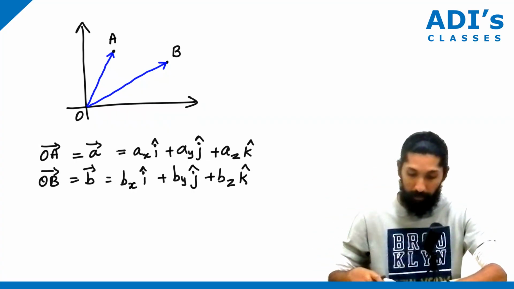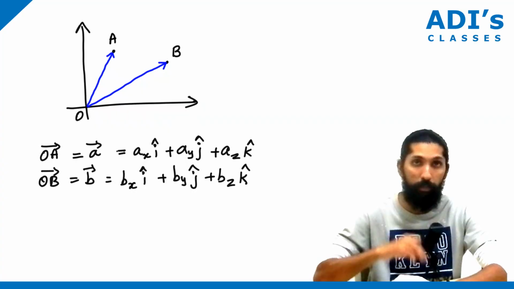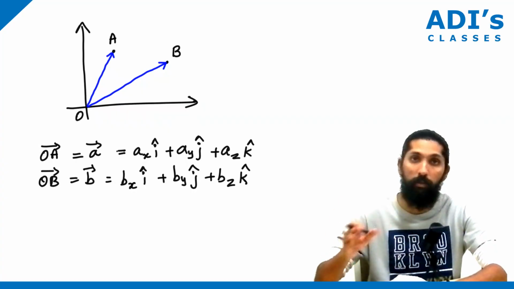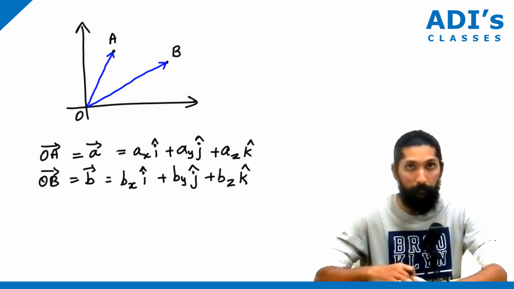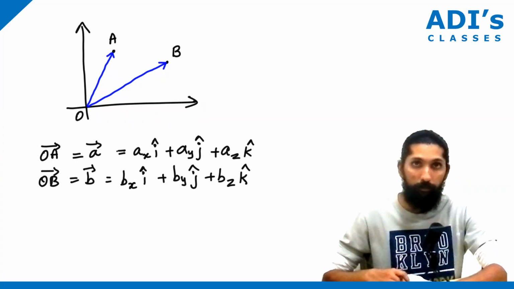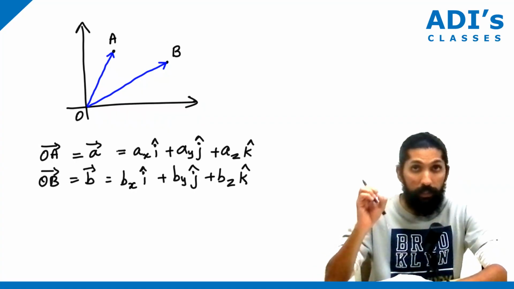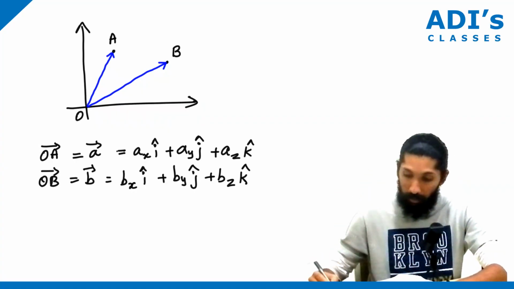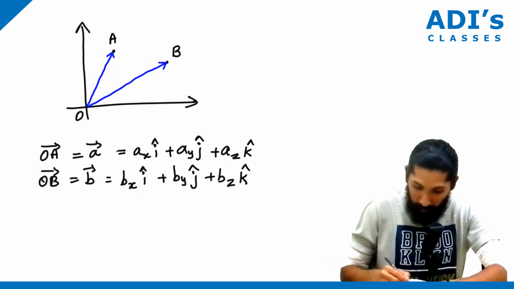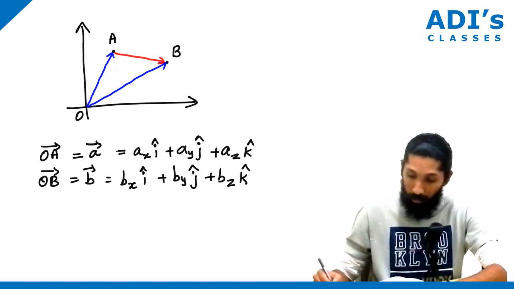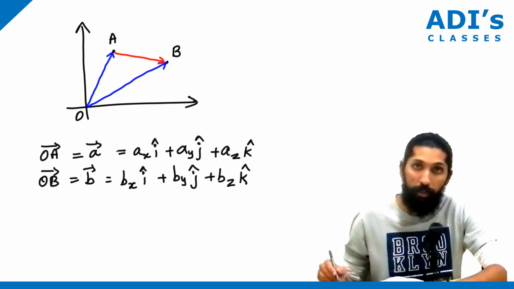Now, here you have vector A and vector B in terms of their components x, y, and z, or you can say in terms of i, j, and k. The next thing is, let's try to find what the AB distance is. What we are looking at is AB, correct? Now we'll use the triangle law of addition.